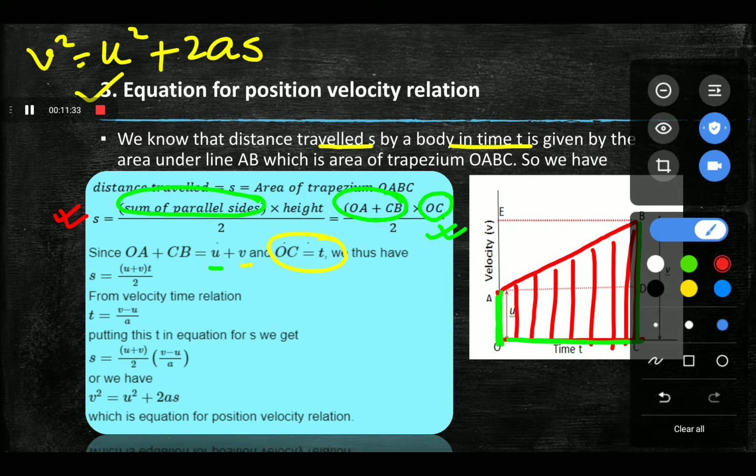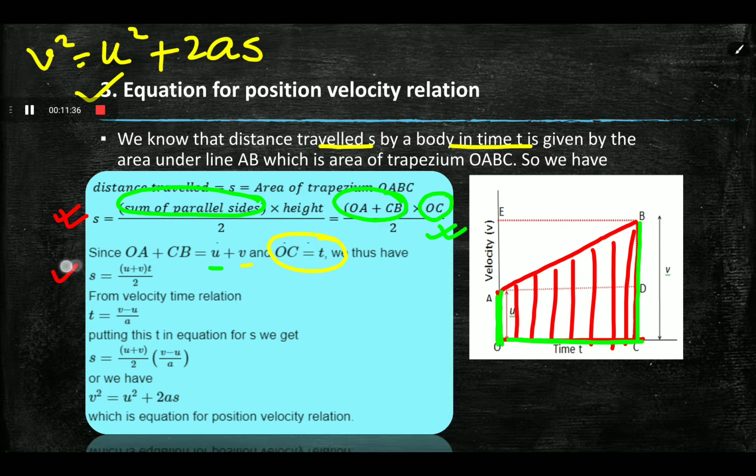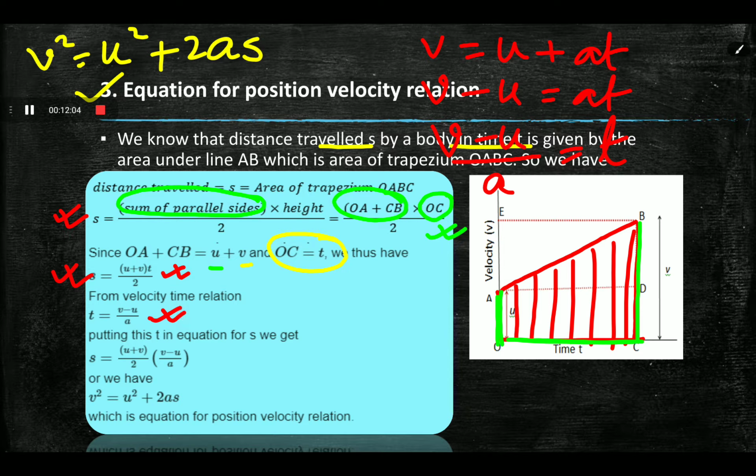So in this place, student, we will put that S is equal to U plus V multiplied with time by 2. Now, from the velocity time relation, that is V is equal to U plus AT, we have to find the expression for time. Then it becomes V minus U is equal to AT. That means V minus U by A is equal to T.